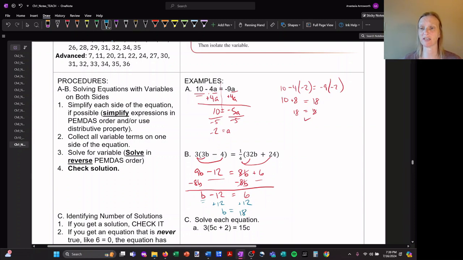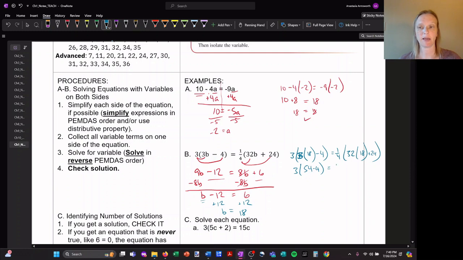Once again, let's check this number, make sure we get equivalent expressions on either side of the equal sign. So I've got 3 times 18 minus 4 equals 1/4 times 32 times 18 plus 24. So this works out to be 3 times 54 minus 4.